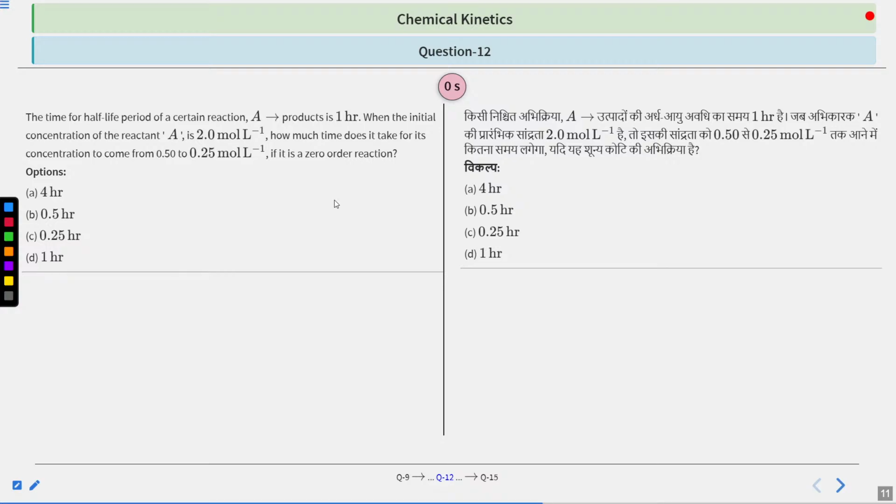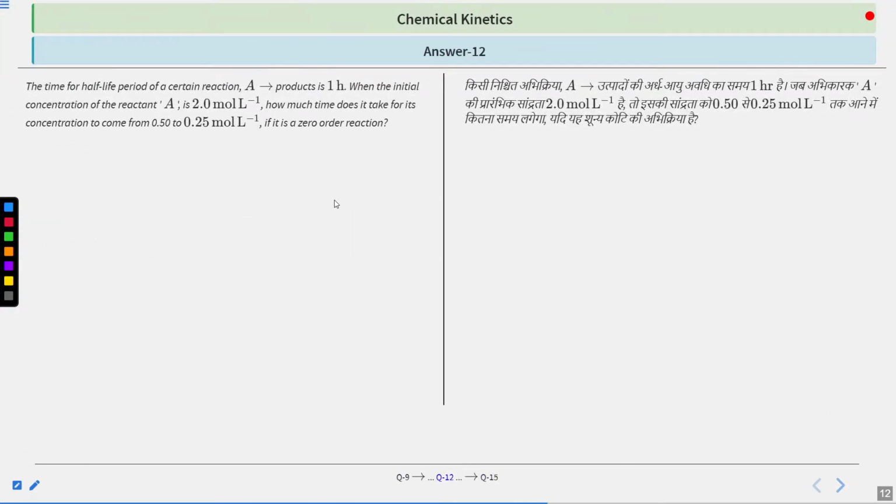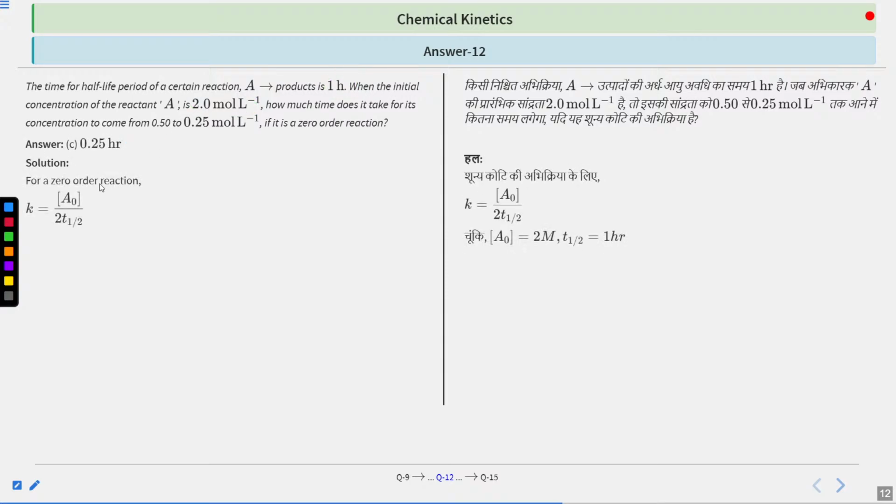Okay, let us see how we can solve it. So first of all, what is being given? We are given the half-life period of the reaction, which is 1 hour, and the initial concentration is also given. Now you have to find how much time does it take to go from 0.50 to 0.25. So the correct answer is C. So we know this is the half-life for a zero order reaction.